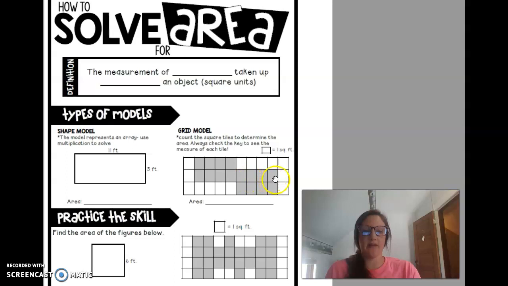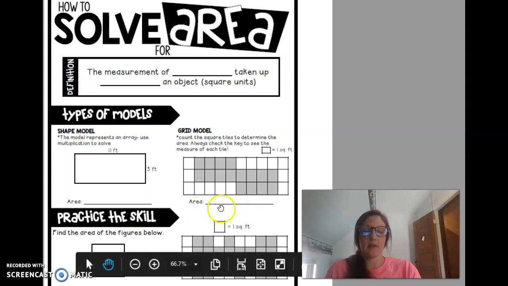And then again, we have 4 here and 4 here. So I have 8 and 8, and that's going to give me 16. So my answer would be 16 square feet. I have to label it square feet like that.